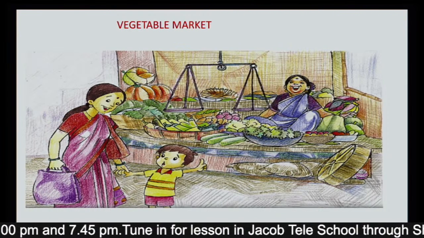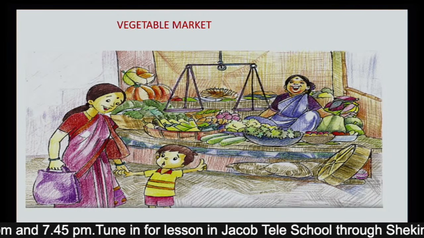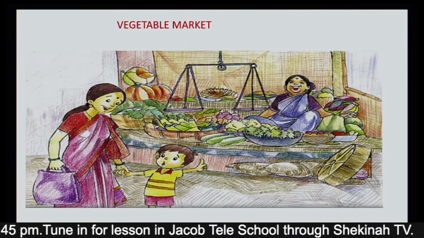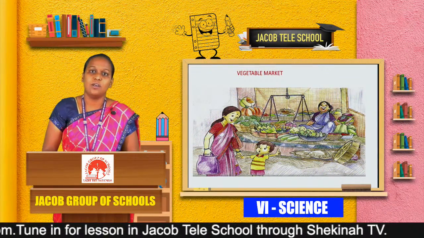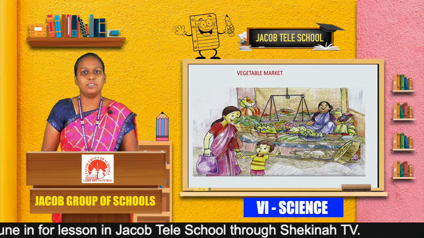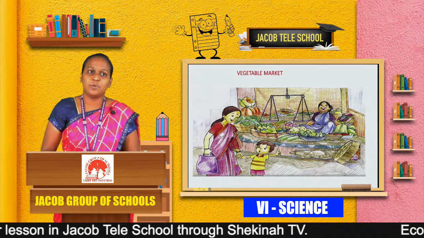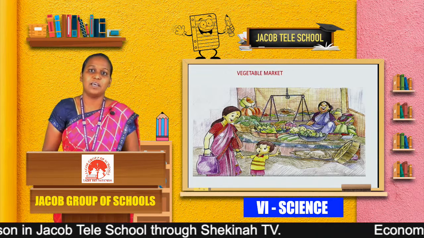They purchased all the vegetables, and after returning home, Ravi sorted them into roots, stem, leaves and flowers. Ravi was very surprised that vegetables come from different parts of the plant.